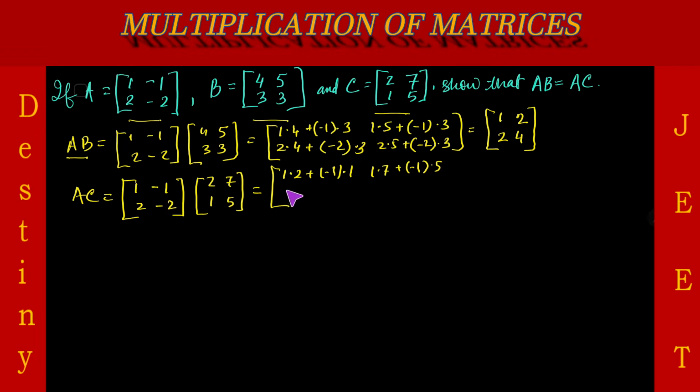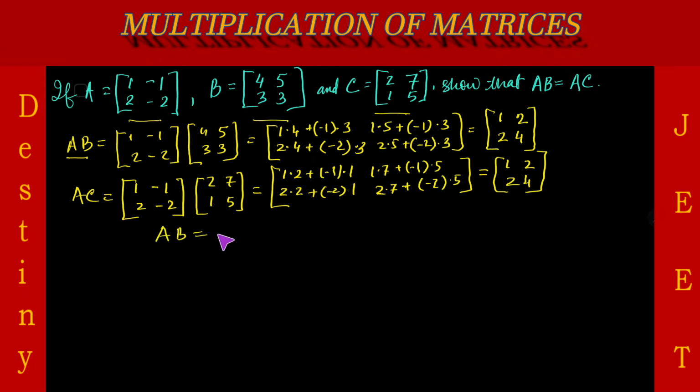Then we have 2 into 2 plus minus 2 into 1 and 2 into 7 plus minus 2 into 5, and we get the answer 1, 2, 2, 4. Hence we prove that AB is equal to AC.